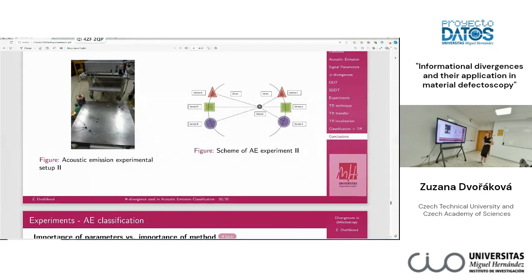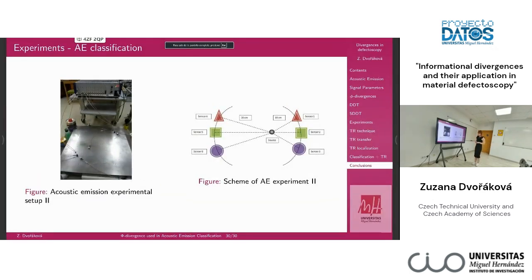Thank you. So, in this experiment, we had a thick metal plate, which can be seen here, and we attached some acoustic emission sensors here, in two different distances. These are not exactly sensors, but can be a source of acoustic emission, or we can use them for emitting waves into the material.